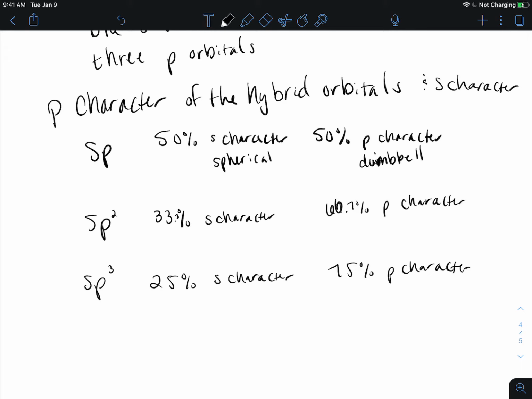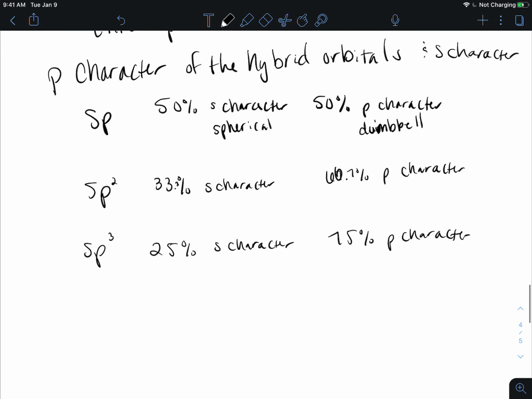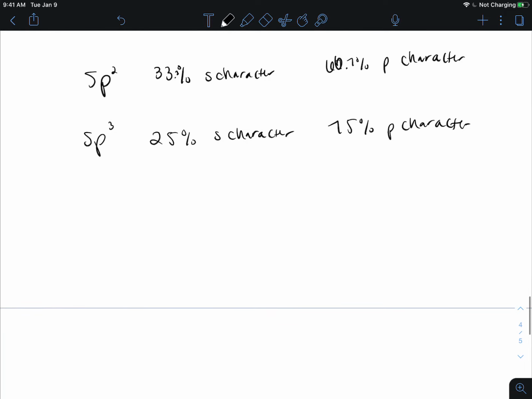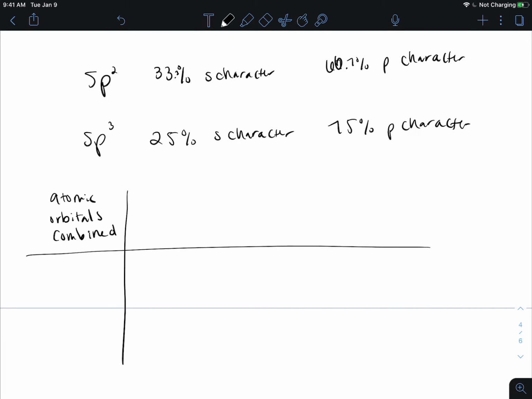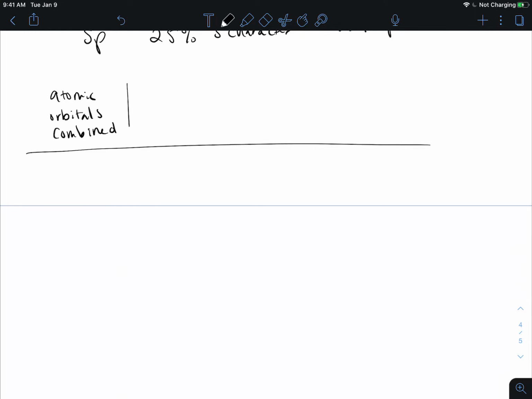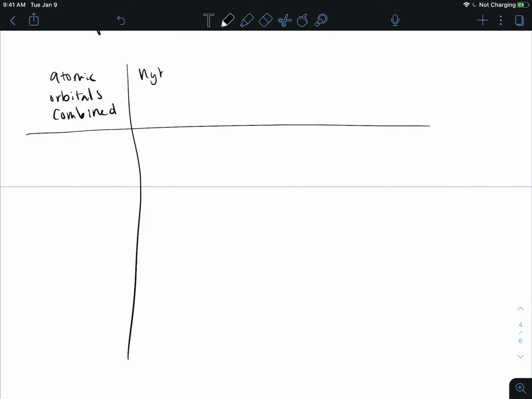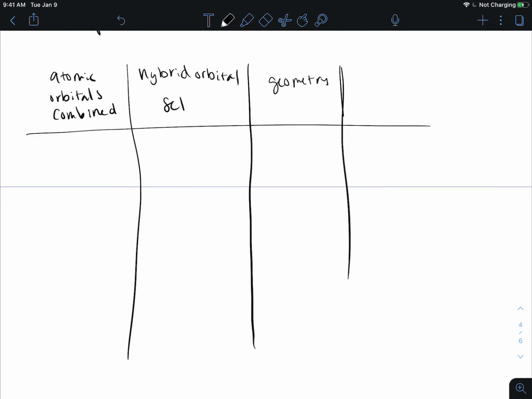Okay? So when we think about our types of hybrid orbitals, we can combine them into a little table where we have atomic orbitals combined, our hybrid orbital set, our geometry, and then we can look at a couple of examples.